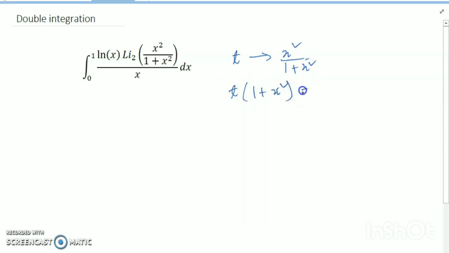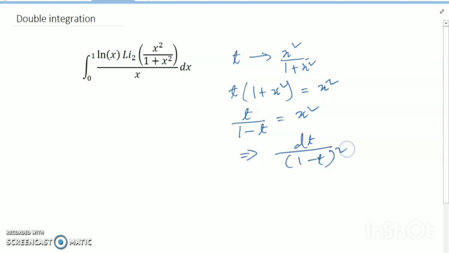Okay, so obviously t is x square over 1 plus x square, so whatever I get, I take the derivative. The differentiation gives dt divided by 1 minus t whole square.